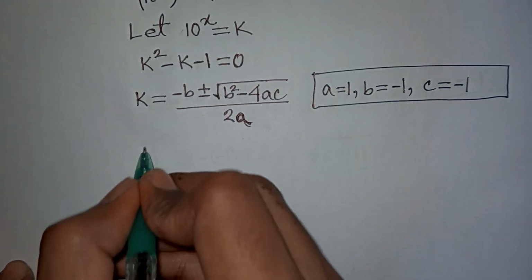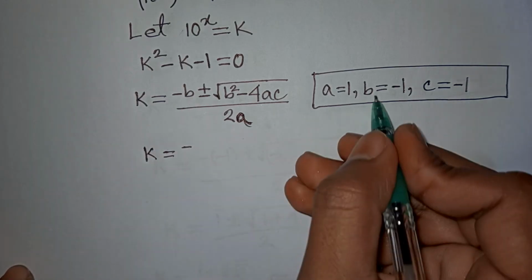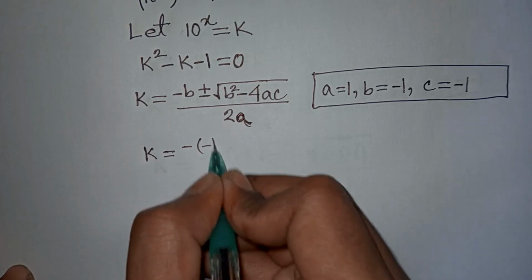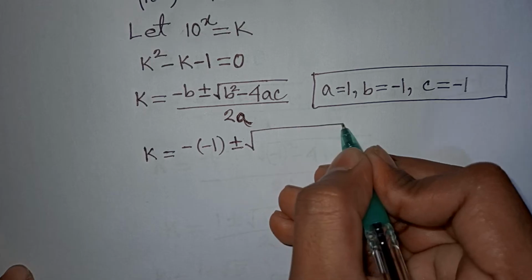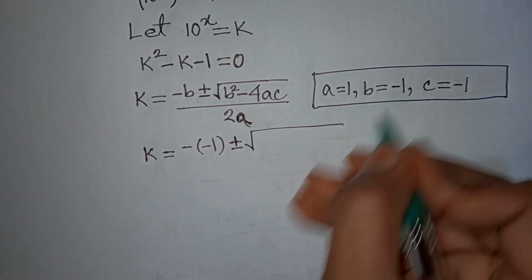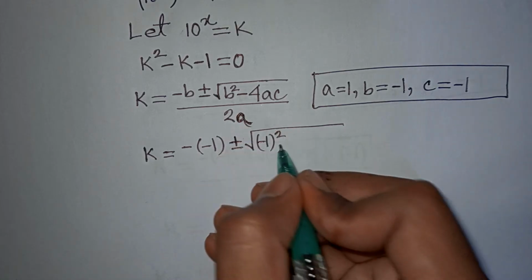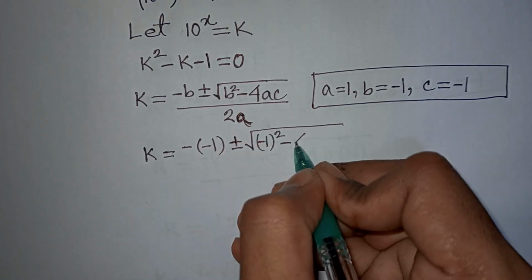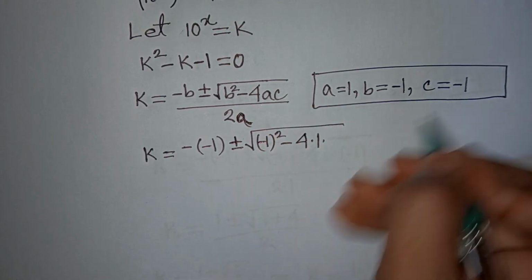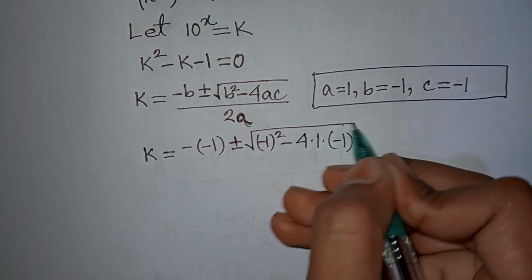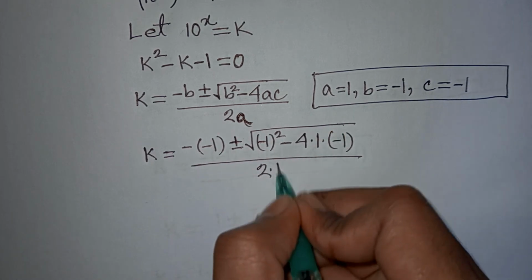Now, we can write k is equal to minus b, that means negative 1, so it will be (negative 1), plus or minus square root of b^2, that means (negative 1)^2, minus 4 times a, that means 1, times c, that means negative 1, divided by 2 times a, that means 1.